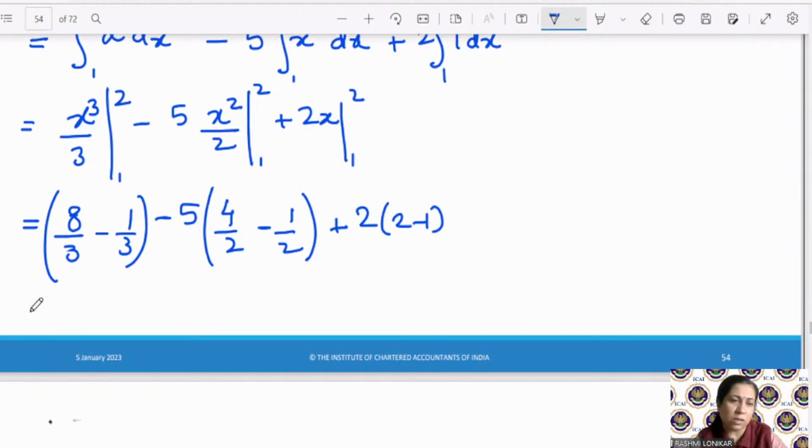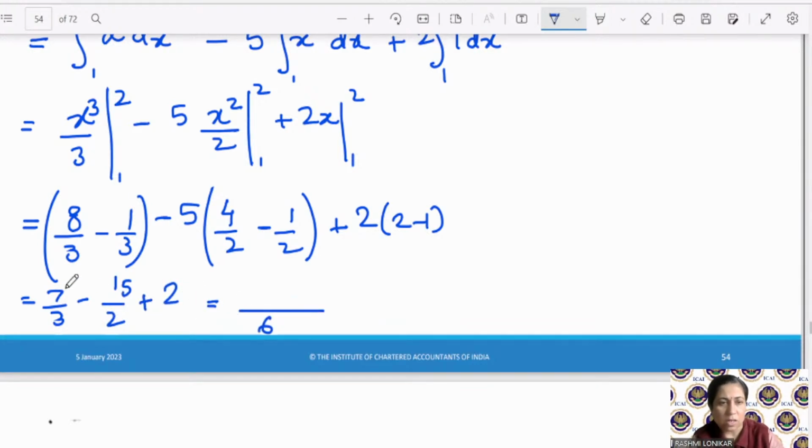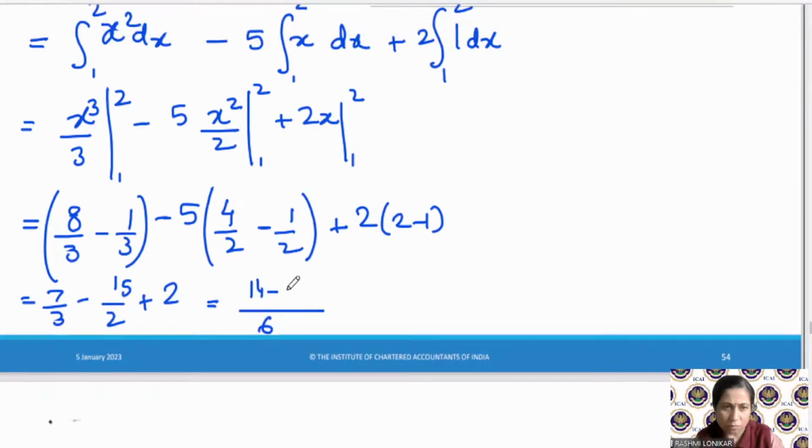8 minus 1 is 7 upon 3, minus 3 upon 2, 15 upon 2, plus 2. So this is equal to, upon 6, 7 twos are 14, minus 3 fives are 45, plus 6 twos are 12.